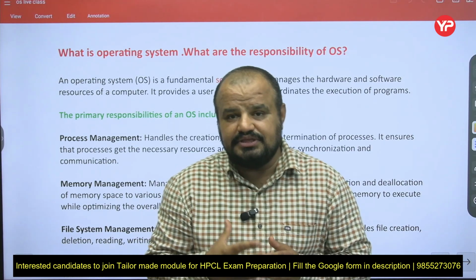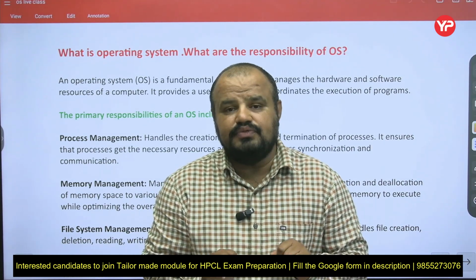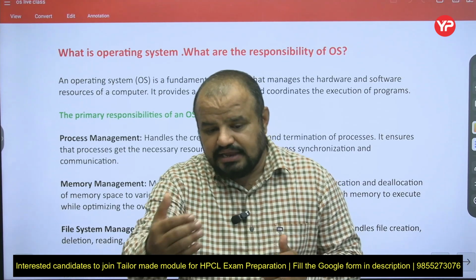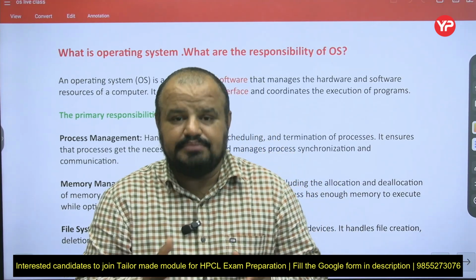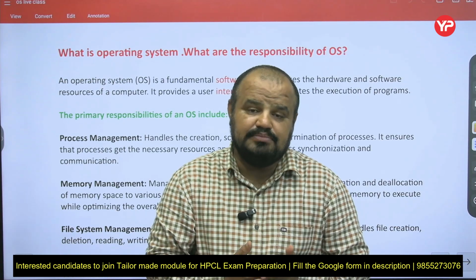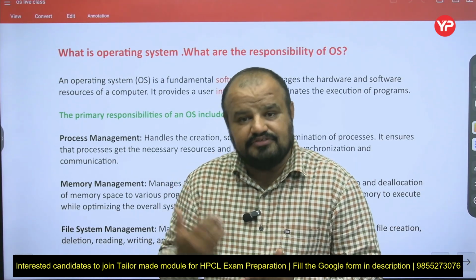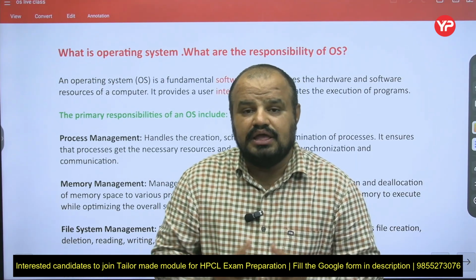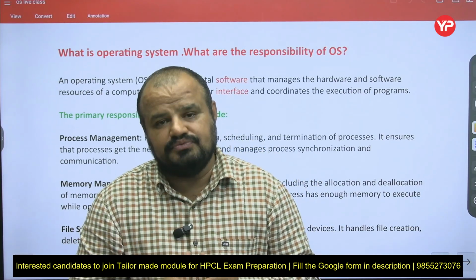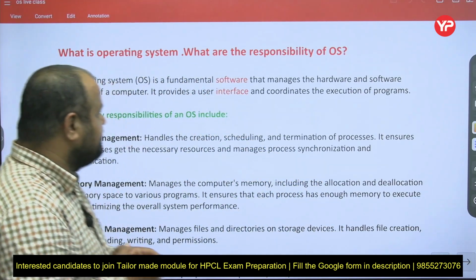As a user, when I am trying to use the computing machine and run some applications, I need some hardware. We have many hardware, input and output devices, keyboard, speakers and all this stuff. So it is an interface between hardware and a user.